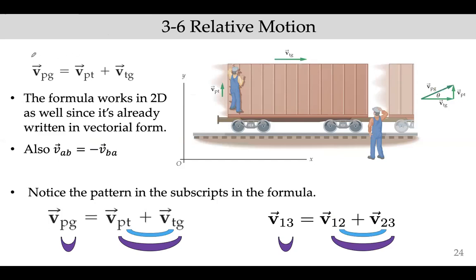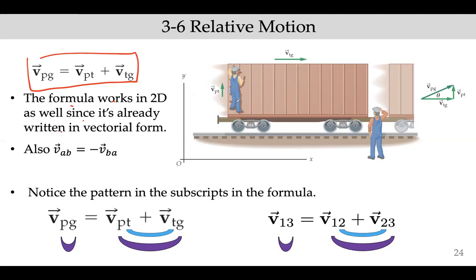So now, we got this formula from the previous slide. And remember, these are vectors, right? This formula works not only in one dimension, as we did in the previous slide for a one-dimensional problem, but it also works in two dimensions, because it's already written in vectorial form. So how does it work?